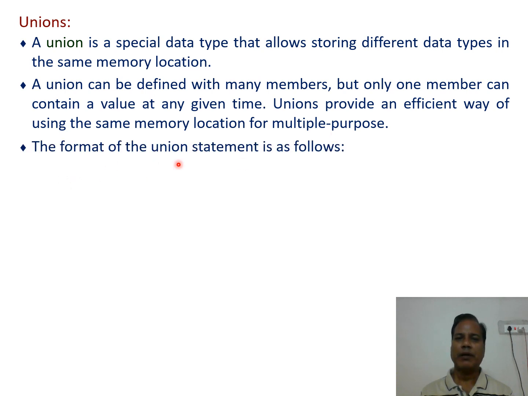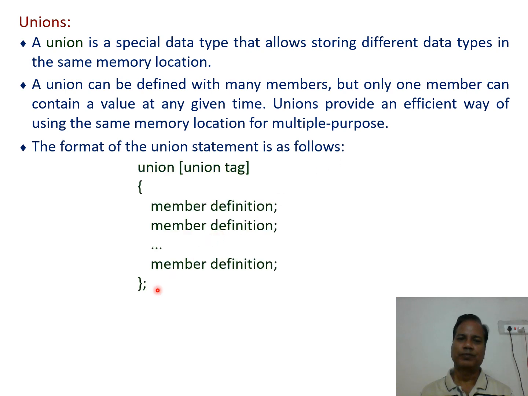The format of the union statement is as follows. The union keyword, then there may be a union tag, then within open and close braces that end with a semicolon, member definitions are there.